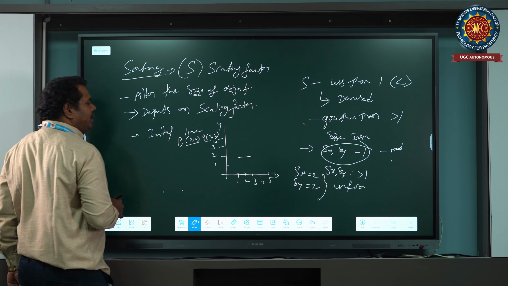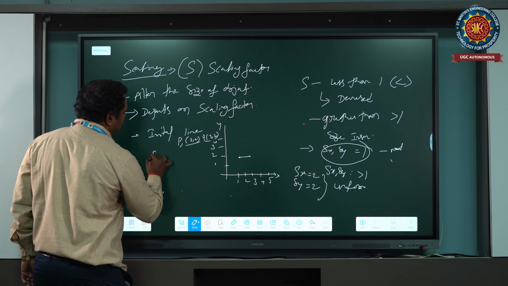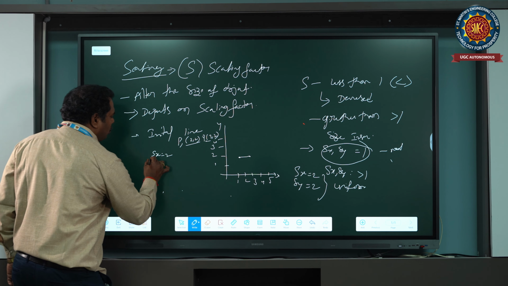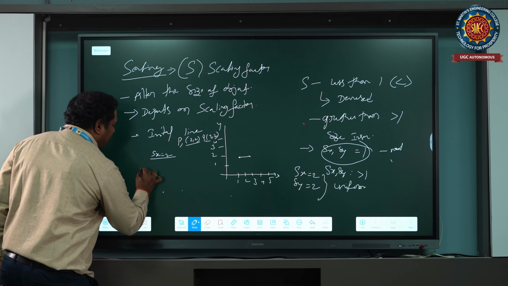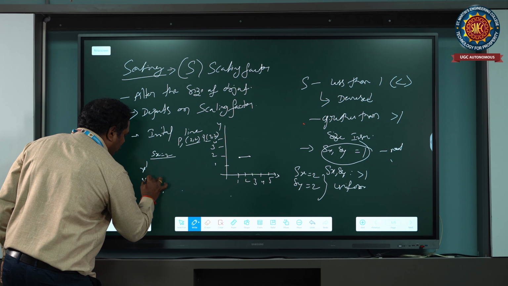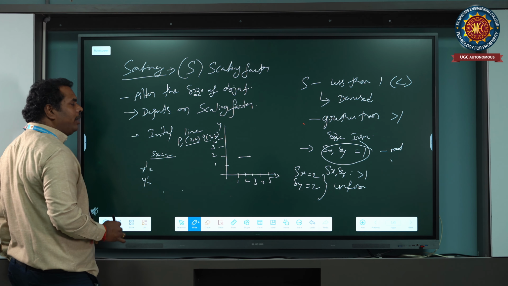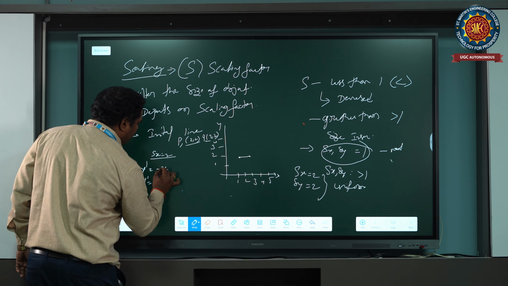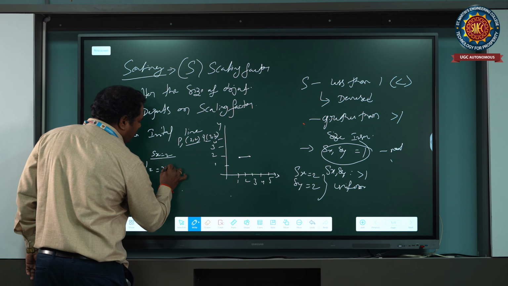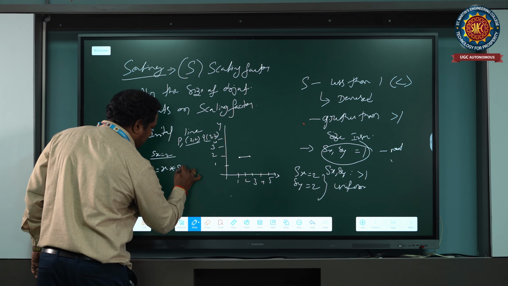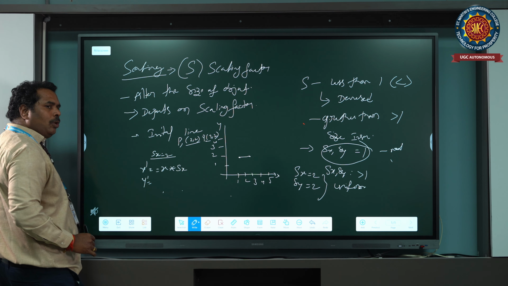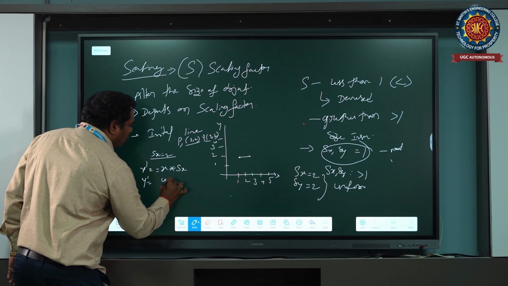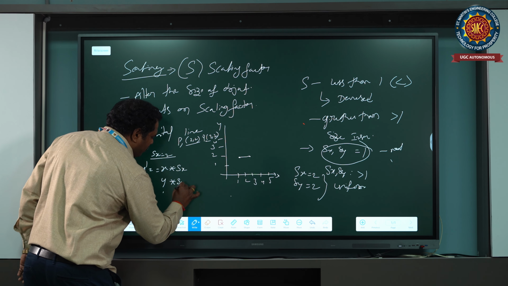Here I am giving the Sx value equal to 2 only. Here we are finding the x bar and y bar values. How are you going to find x bar and y bar? x bar equals x into Sx, and y bar equals y into Sy.